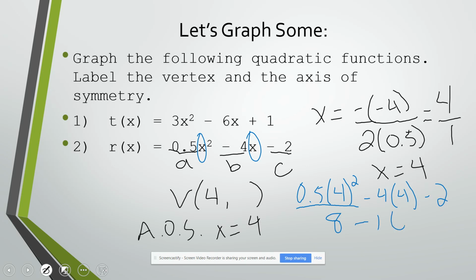Minus 4 times 4 is 16, minus 2. 8 minus 16 is negative 8. Minus 2 is negative 10. So we have a vertex at 4, negative 10. And then we can go from there.